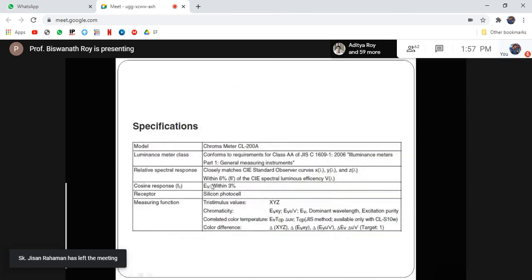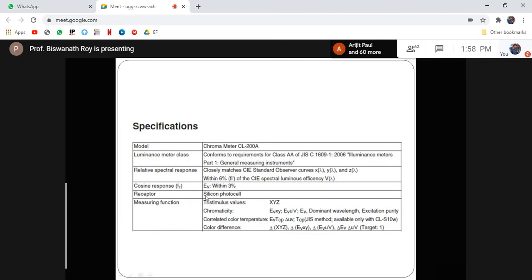And the mismatch is given by this value F2. This F2 value represents a mismatch within 3%. So this is the specification of the chromometer CL200A. What is the type of the photocell?